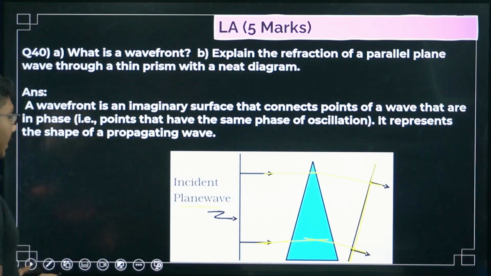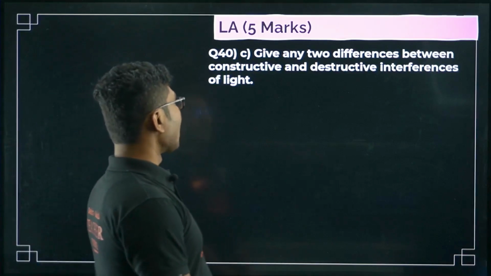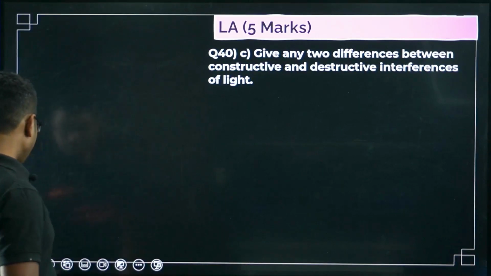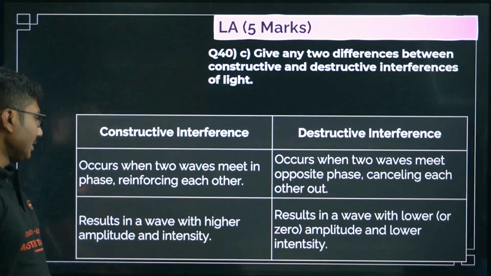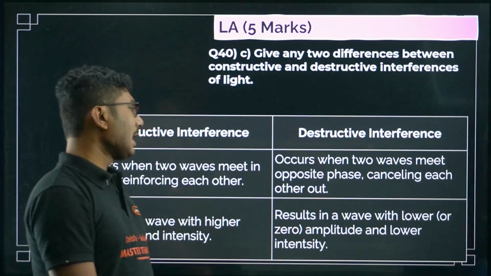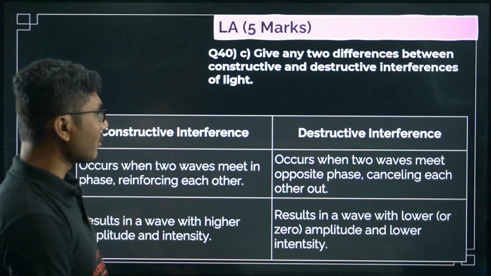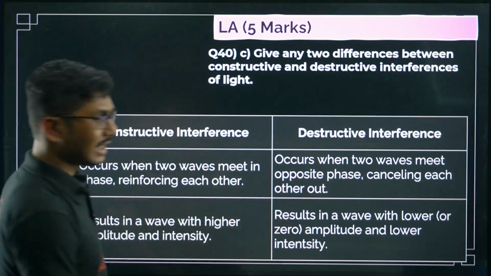That's it. Next is: give any two differences between constructive and destructive interference of light. Constructive interference occurs when two waves meet in phase, reinforcing each other, and destructive interference occurs when two waves meet in opposite phase, cancelling each other out.